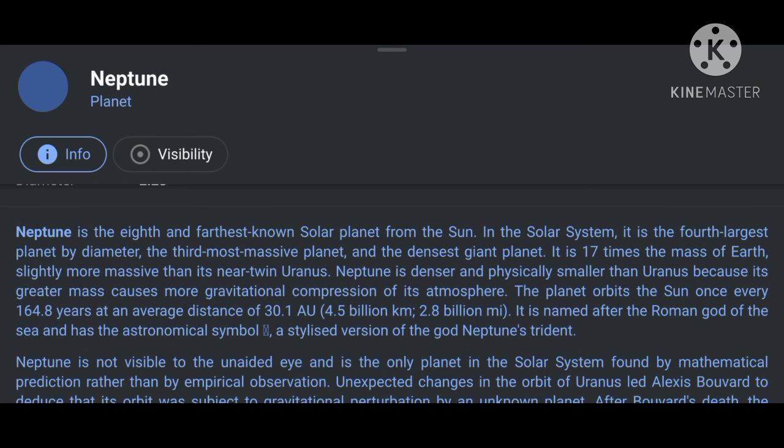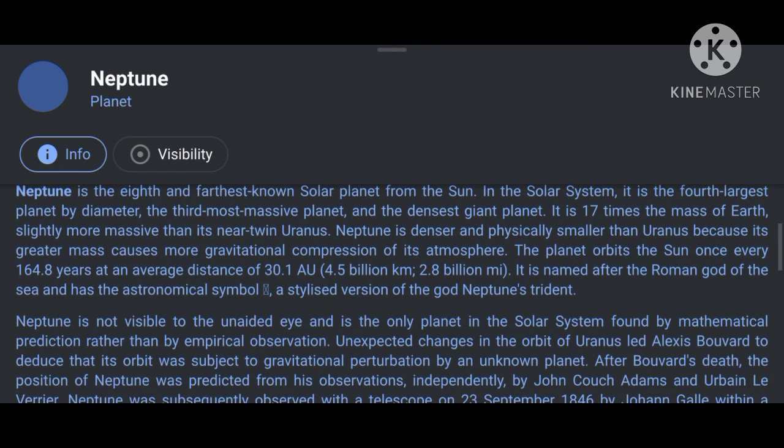The planet orbits the Sun once every 164.8 years at an average distance of 30.1 AU, which is the longest time. So, suppose that there are many events that happened on Earth. As of now, Neptune hasn't yet completed one full revolution around the Sun. It is named after the Roman god of the sea, with a symbol similar to the trident of Neptune.